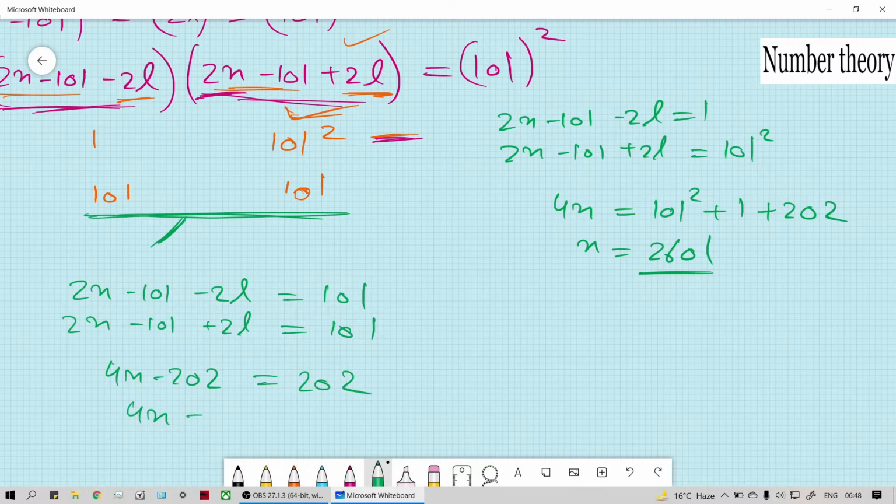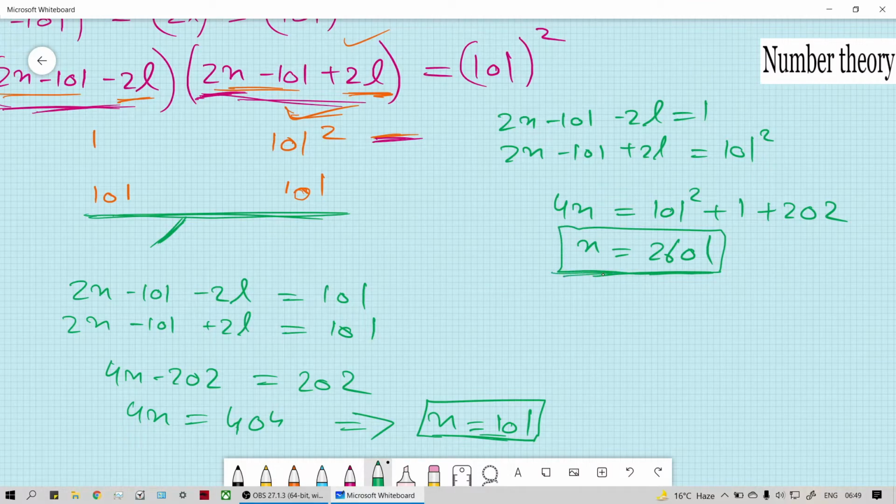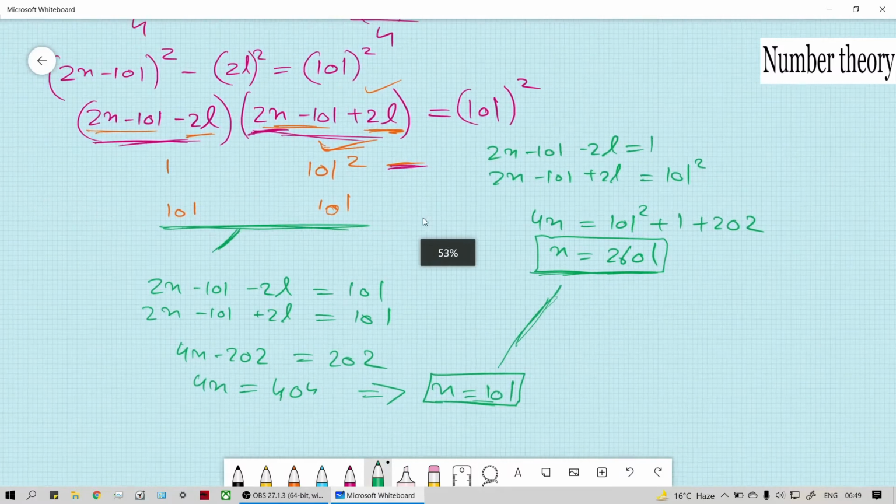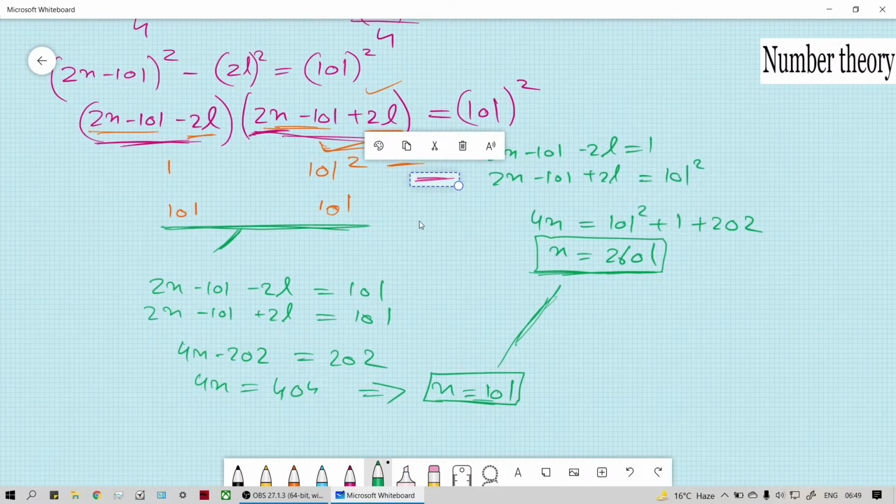So again, if you simplify this, you will get n as 101. So these two are again the same solutions that we were getting using the previous method, and in this method you also got these two solutions. Let's quickly see what we did here.